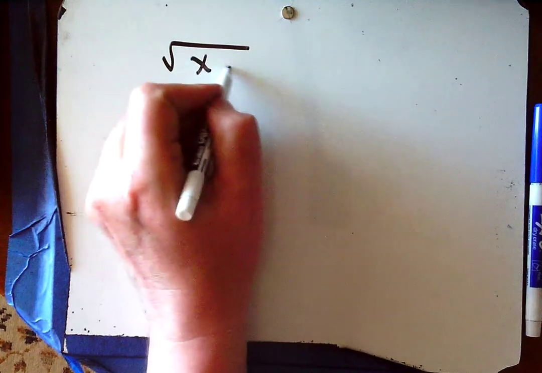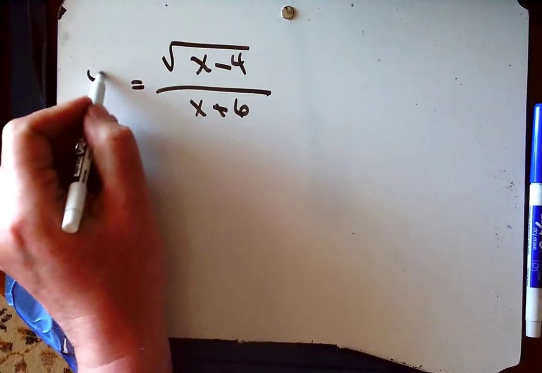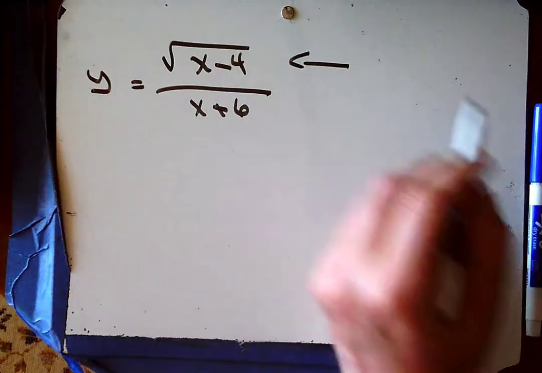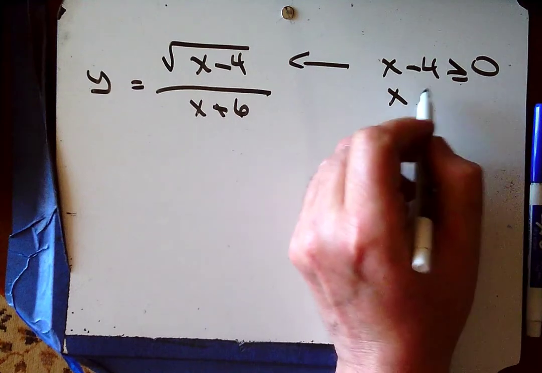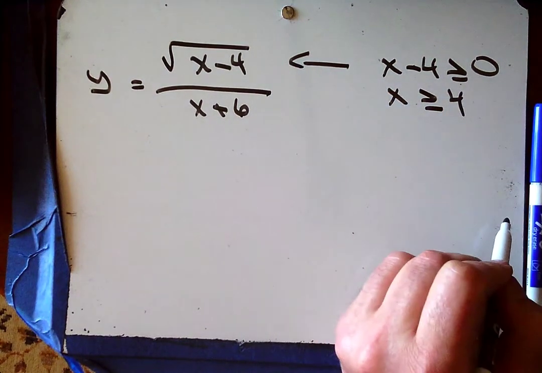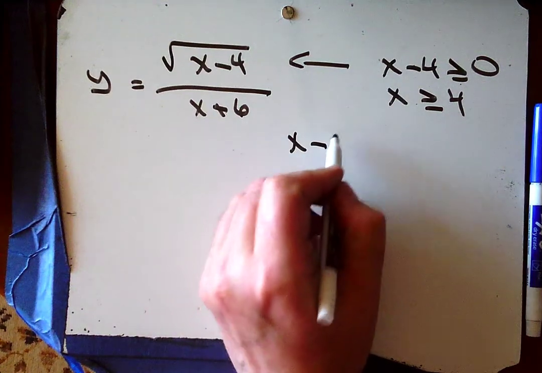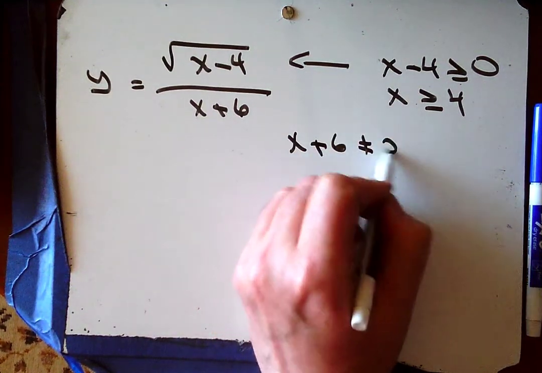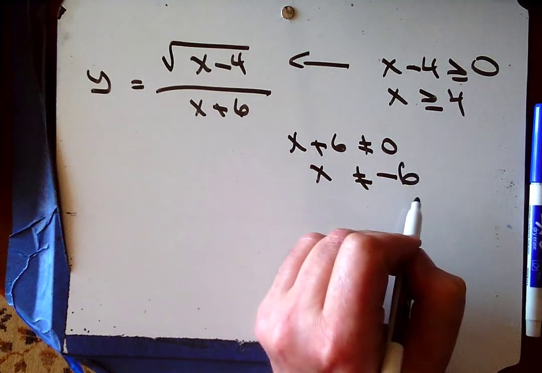So if I have something like this, square root of x minus 4 over x plus 6. I know this guy says, well, x minus 4 has to be greater than or equal to 0, or x has to be greater than or equal to 4. And this says x plus 6 can't be equal to 0. X can't be negative 6.